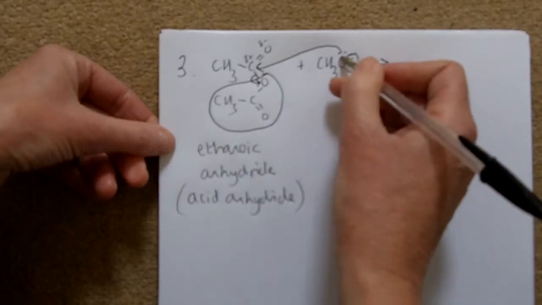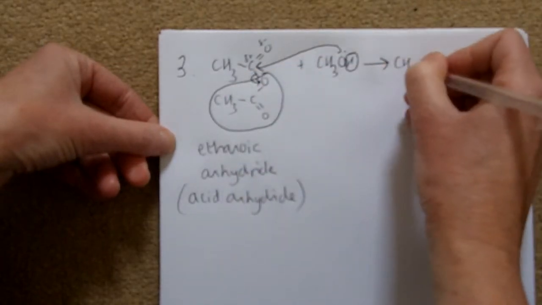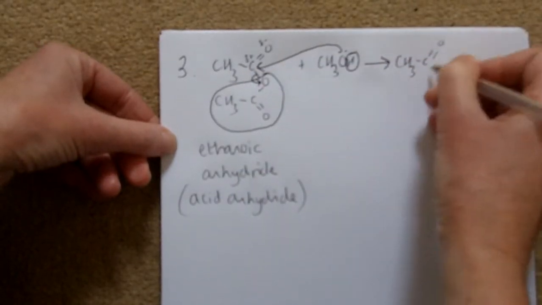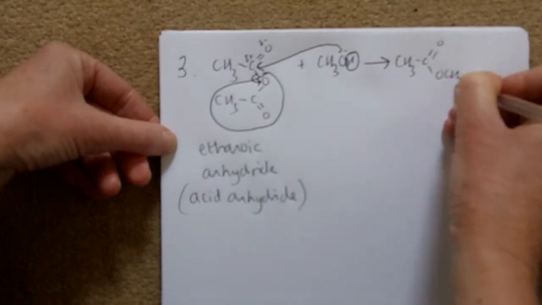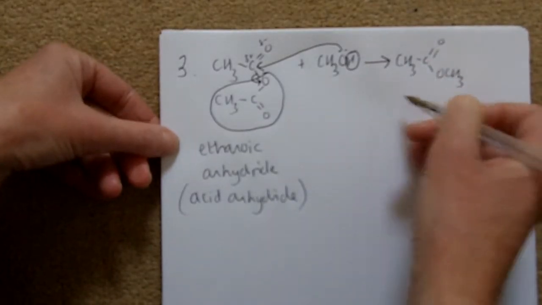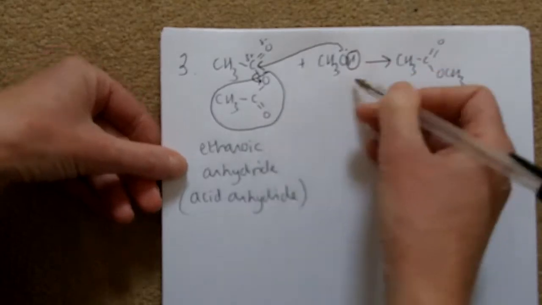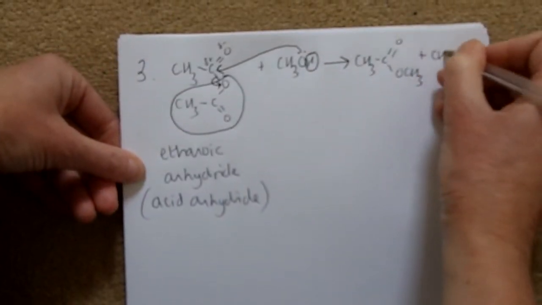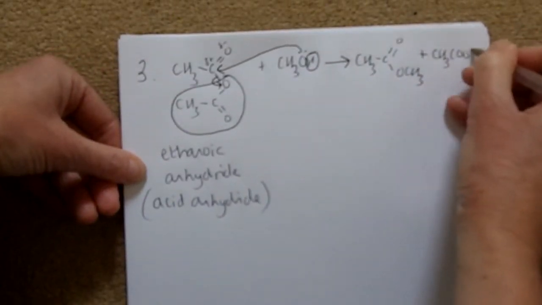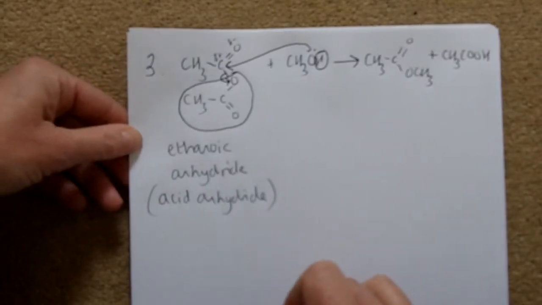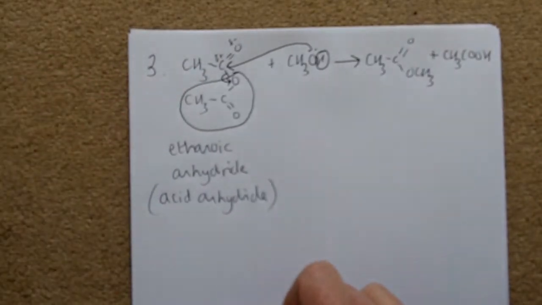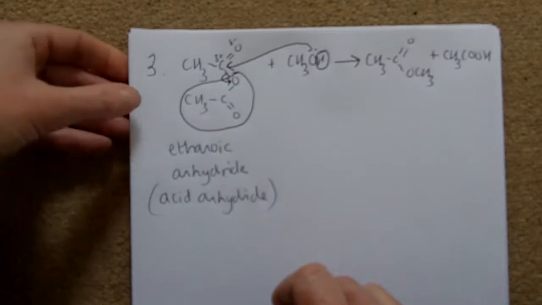So you get your ester, just the same. It's the same ester, methyl ethanoate. But the other product now is ethanoic acid.